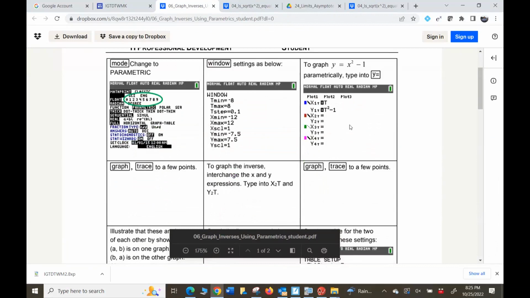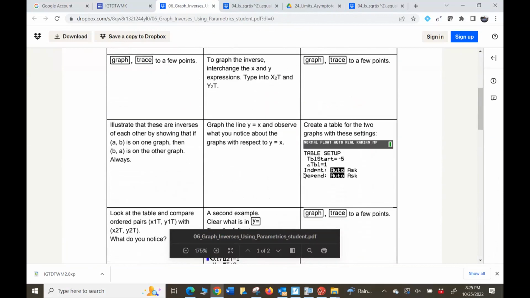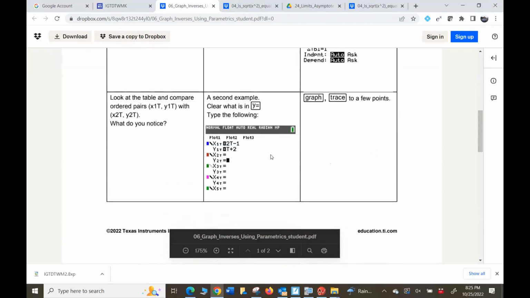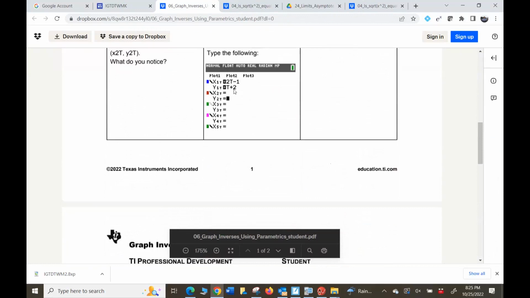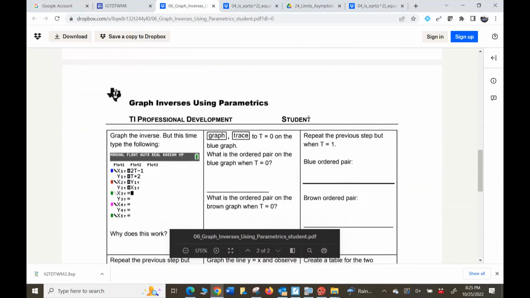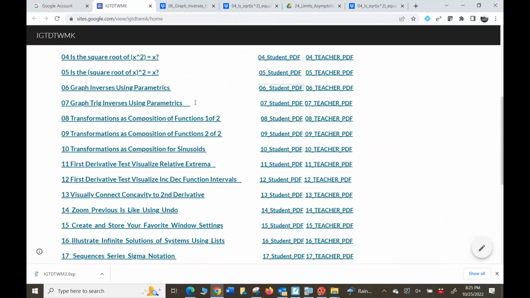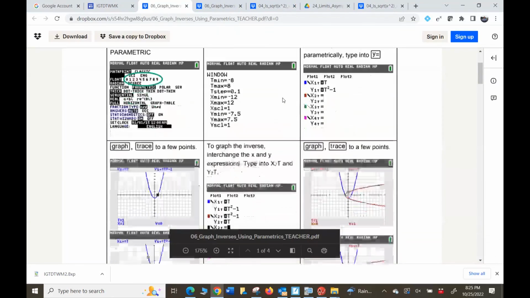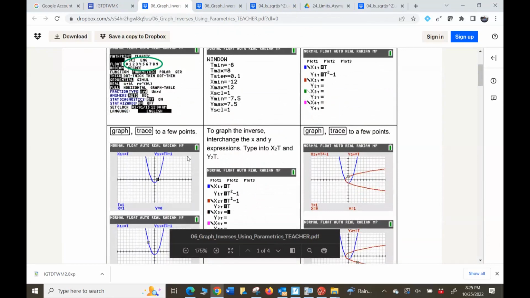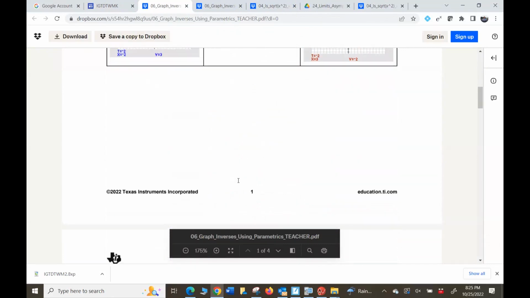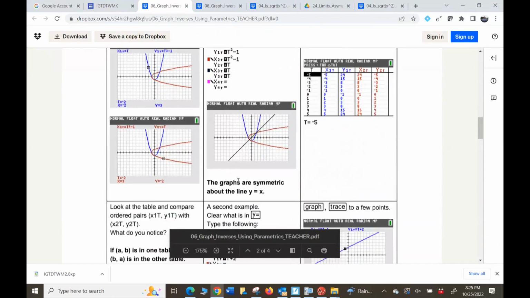And you can see it's similar to what I did here, showing the graph and table and so on. Then I did another example, which I didn't do here. But to see the teacher notes, this is the teacher notes right here. You can see that not only do I do what they say there, but I also answer all the questions that are asked.